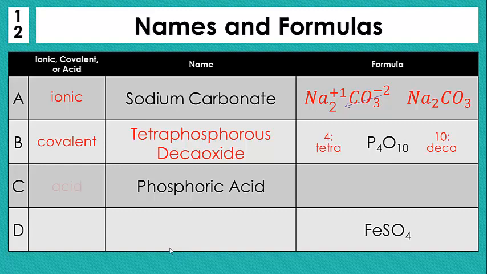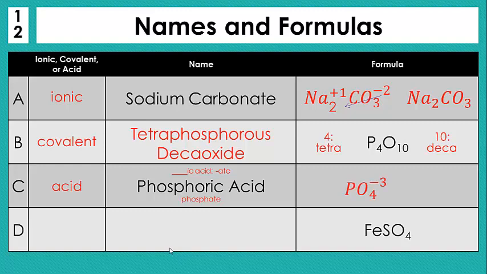Next one that I have is obviously an acid because it has the name acid. Whenever we name an acid, we have to look at the form. So this is phosphoric acid, a blank-ic acid, which means that the anion originally ended with -ate. So I originally had phosphate. So phosphate is a polyatomic ion.